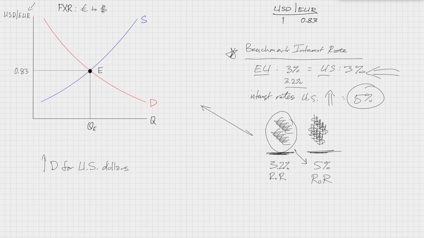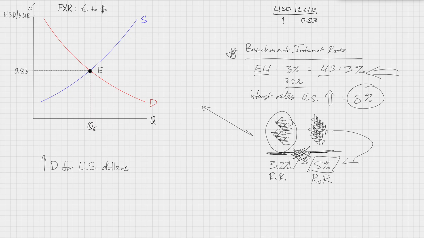Because if you want to earn that 5% that the US is offering compared to just the 3.2 the European Union is offering, you're going to need dollars to earn that 5%. This won't happen with euros, that's not possible. You have to exchange your euros for dollars. So the demand for US dollars has increased.